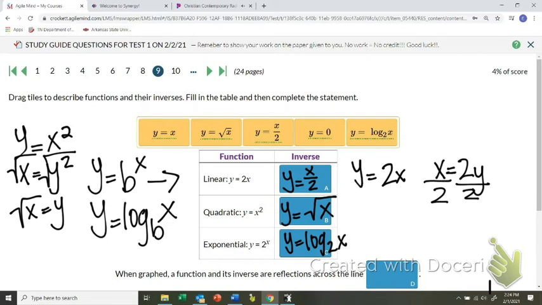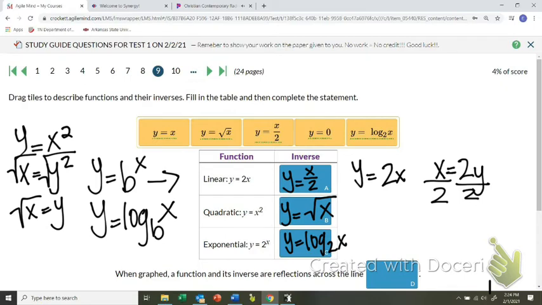So in this particular problem for exponential, what is the b value? 2. And what is the x value? Just x, yeah.